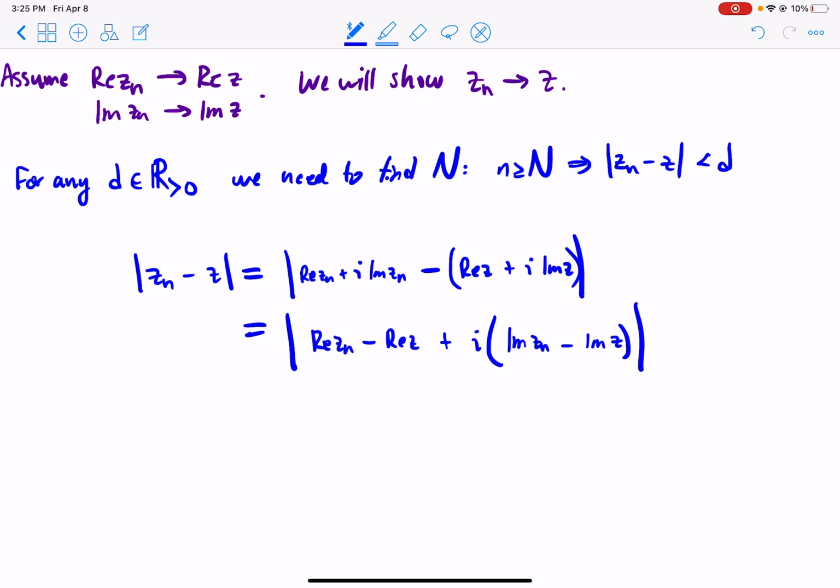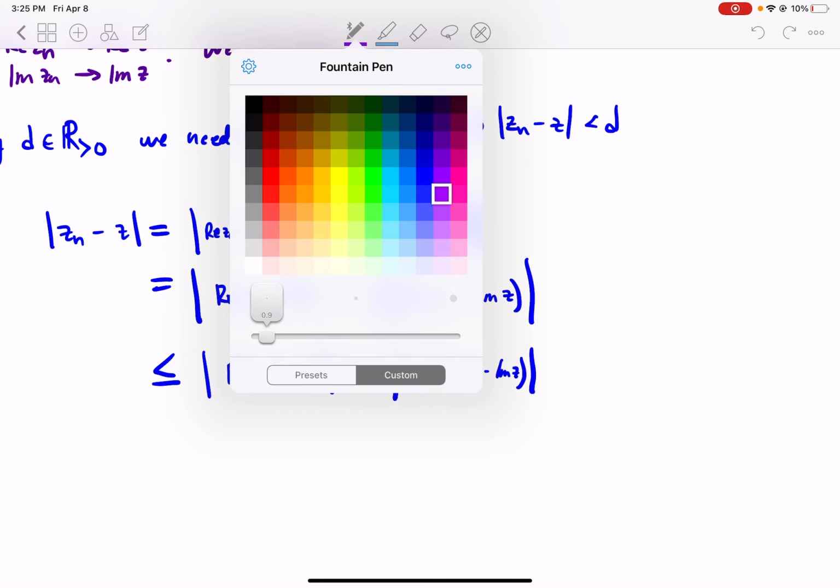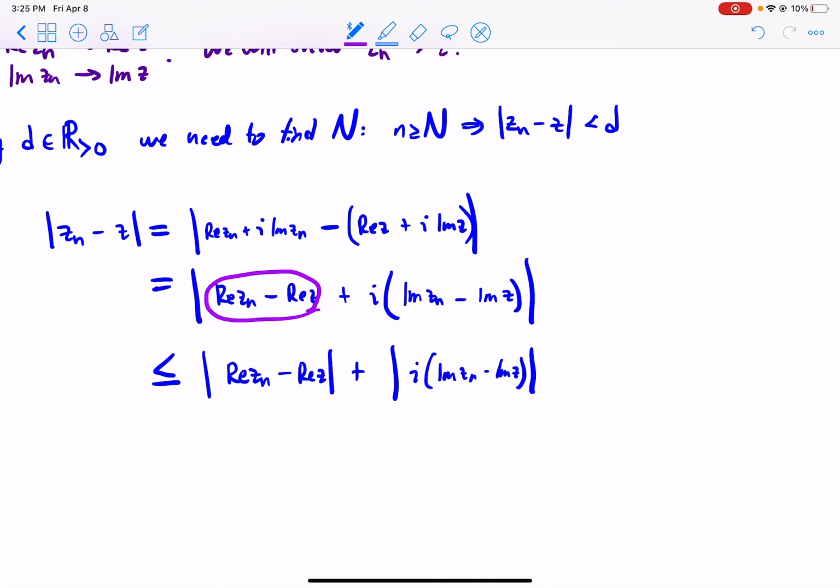Now here is the triangle inequality. Now, how do I know that I can do this less than or equal? Well, if this is A and this is B, then I have some complex number A, some complex number B, and I have their addition, A plus B, right?